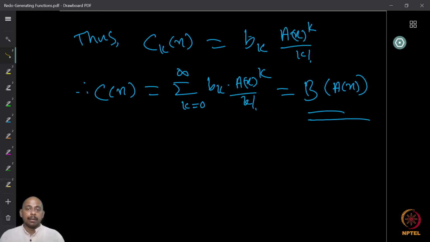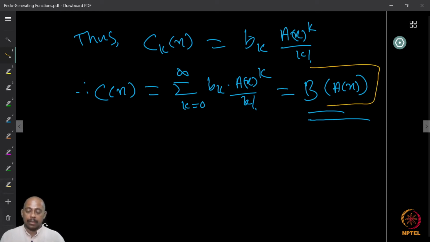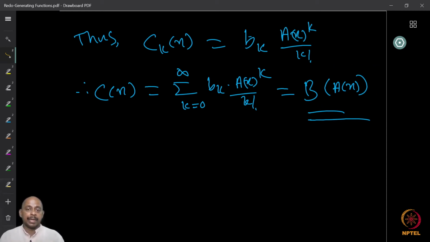If you take B(x), B(x) is precisely summation B_k into x raised to k by k factorial. If I replace x with A(x), I will get precisely summation B_k A(x) raised to k by k factorial. So therefore, it is the substitution of A(x) into B, right, B(A(x)). So this is the idea of the proof.